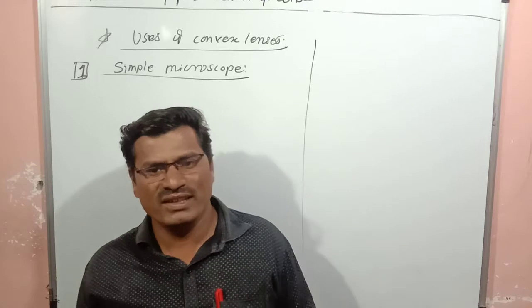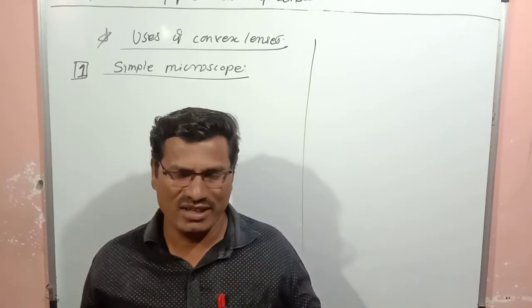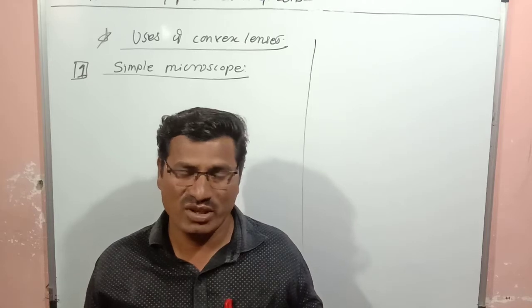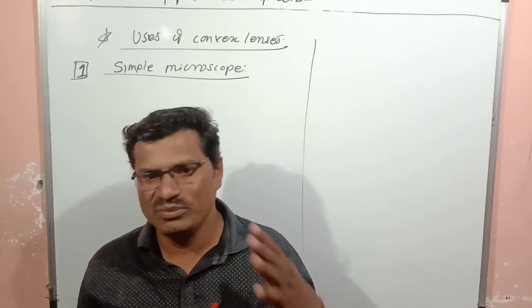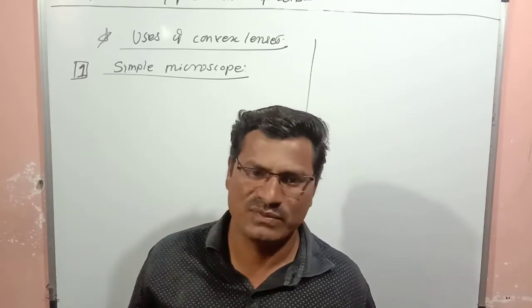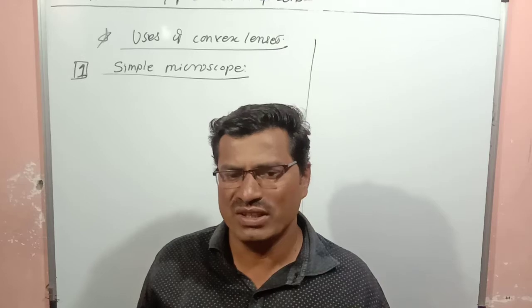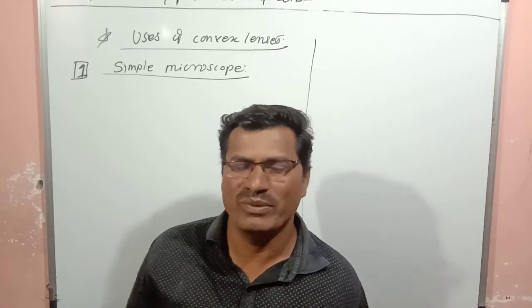Such a lens is a converging lens, but you can say this one is the magnifying glass, or also you can say simple microscope. The next thing is that we can get an image larger than 20 times in the simple microscope.